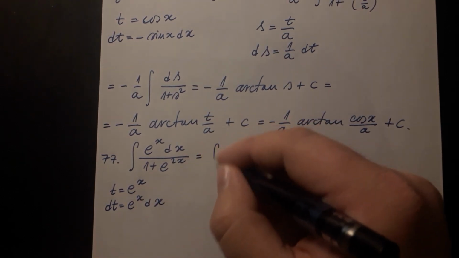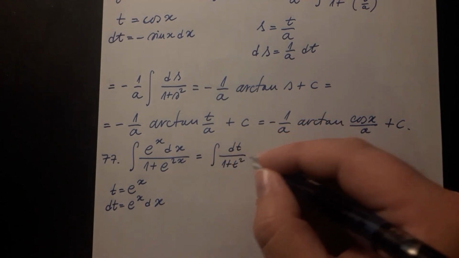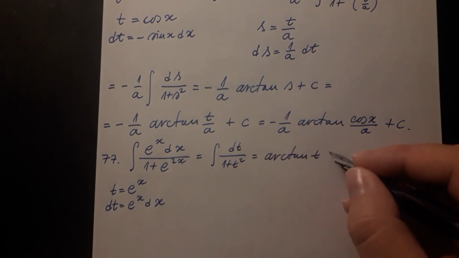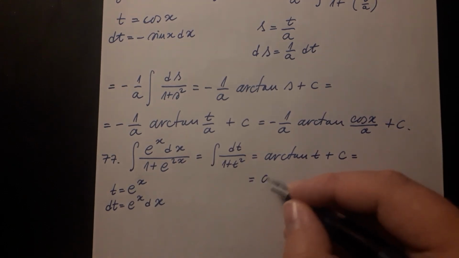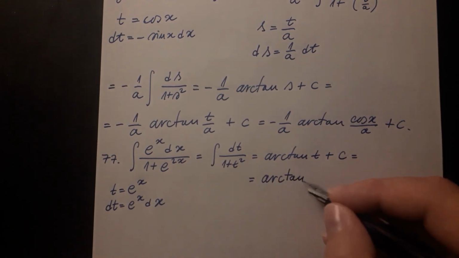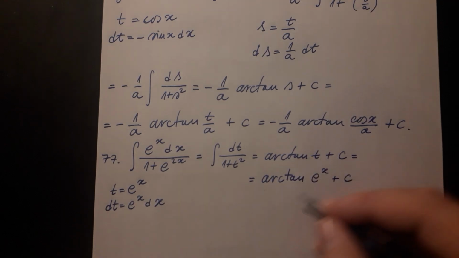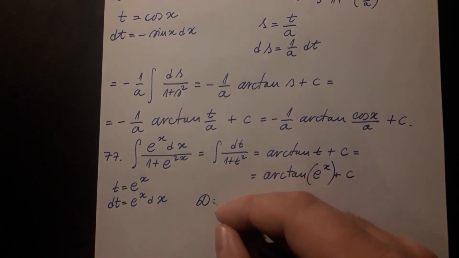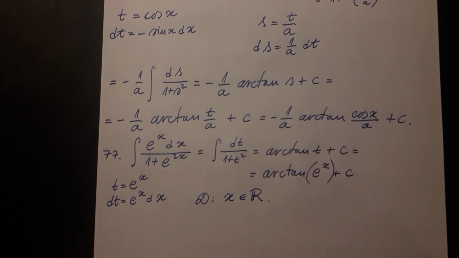This is then equal to an integral of dt divided by 1 plus t squared, which is equal to arctangent of t plus an arbitrary constant c. And when we return into the x world, we get arctangent of e to the power x plus c. Now, the area in which this integral is defined is all x's which are real numbers.